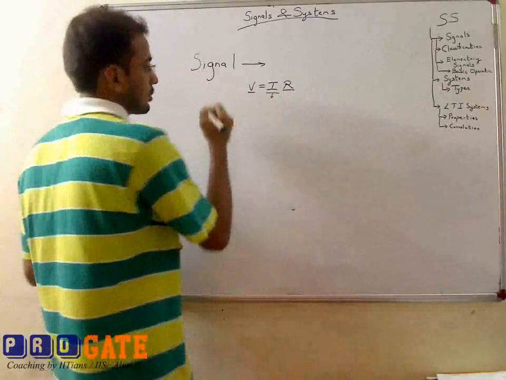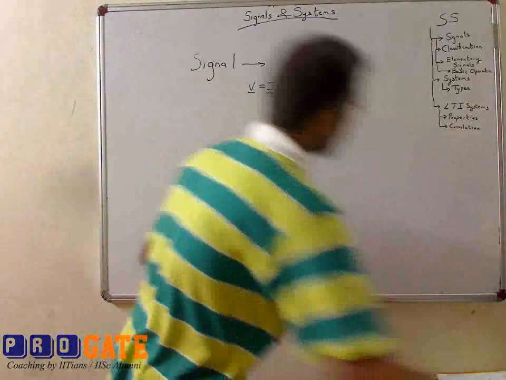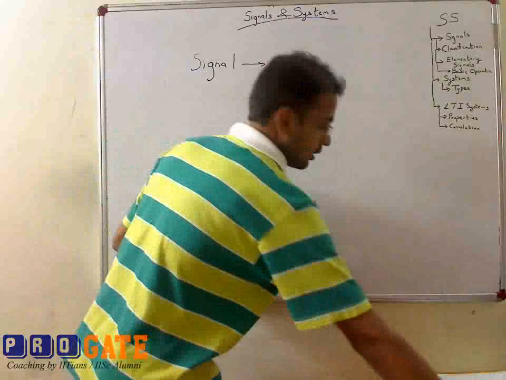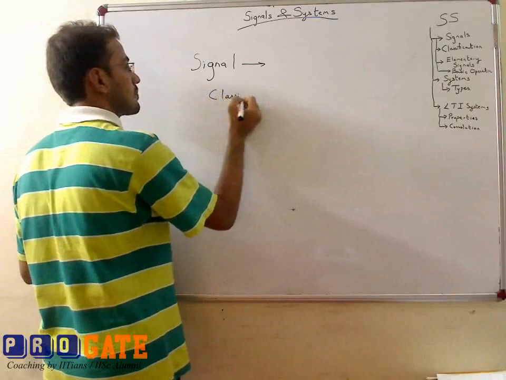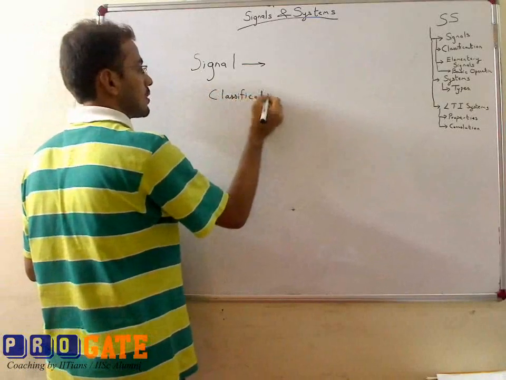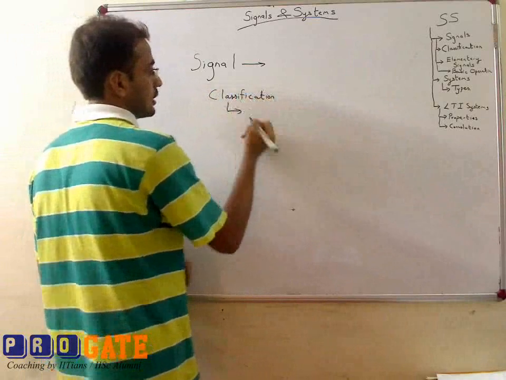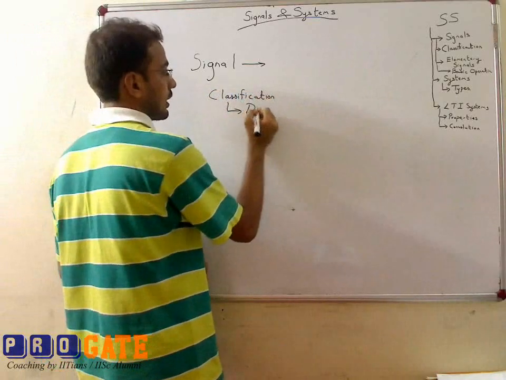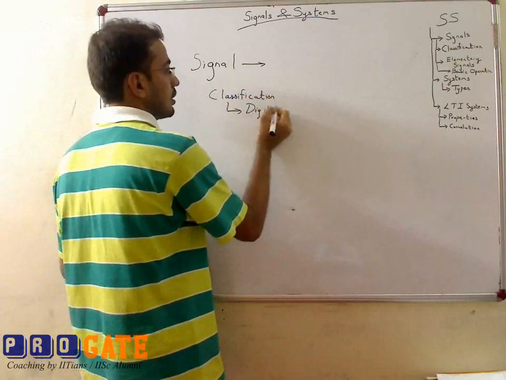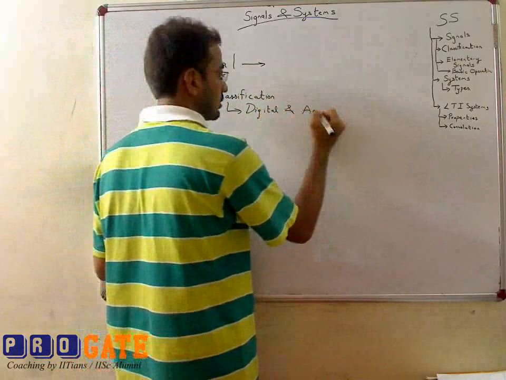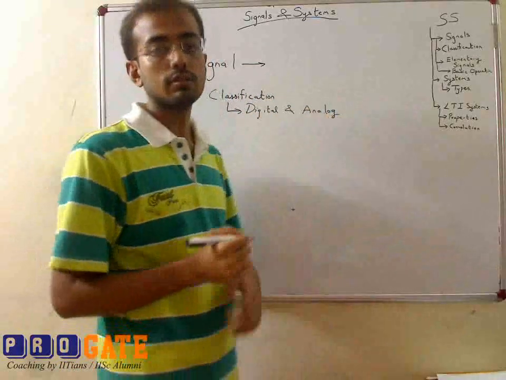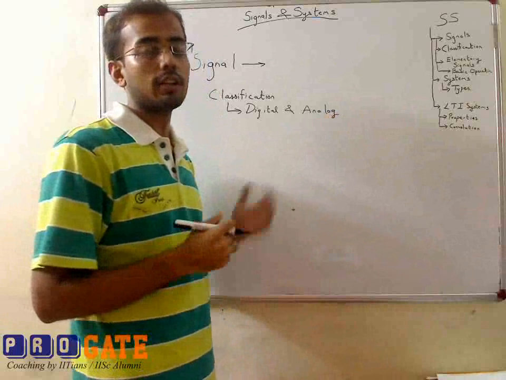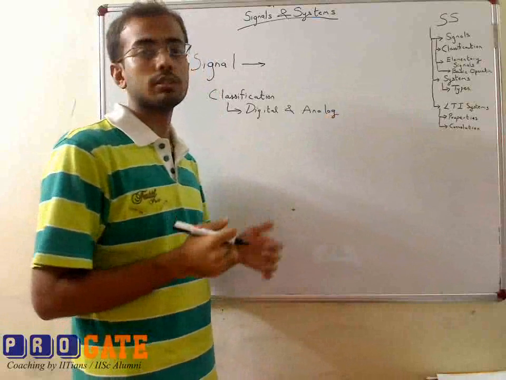Now, various classifications of signals which we will be dealing with. The most common one is digital or analog. Whatever signals there are in nature, or whatever we see, they are all analog signals, like continuous signals.